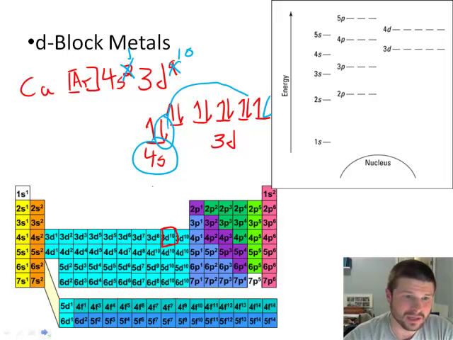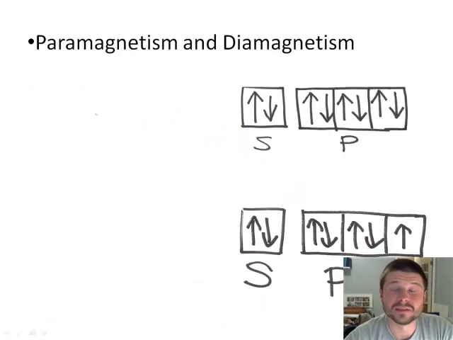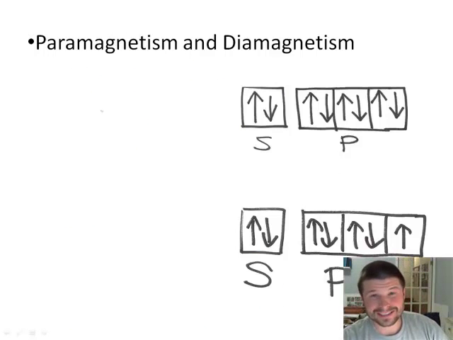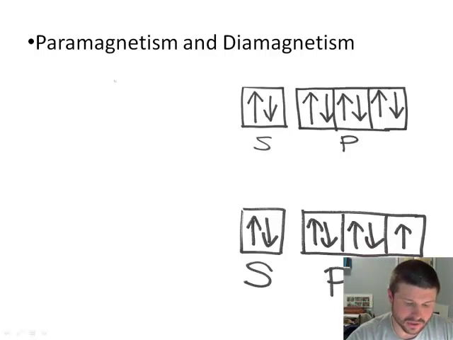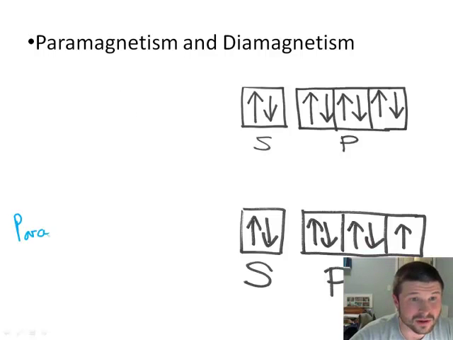Okay, and the very last thing we're going to talk about is the terms paramagnetism and diamagnetism. Paramagnetism refers to those species that are attracted by a magnet, because they have unpaired electrons. So let me write the definition here.